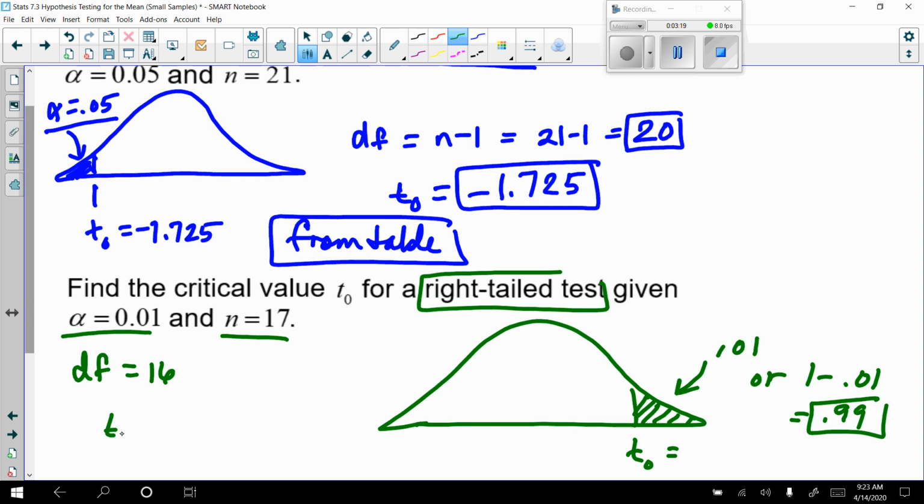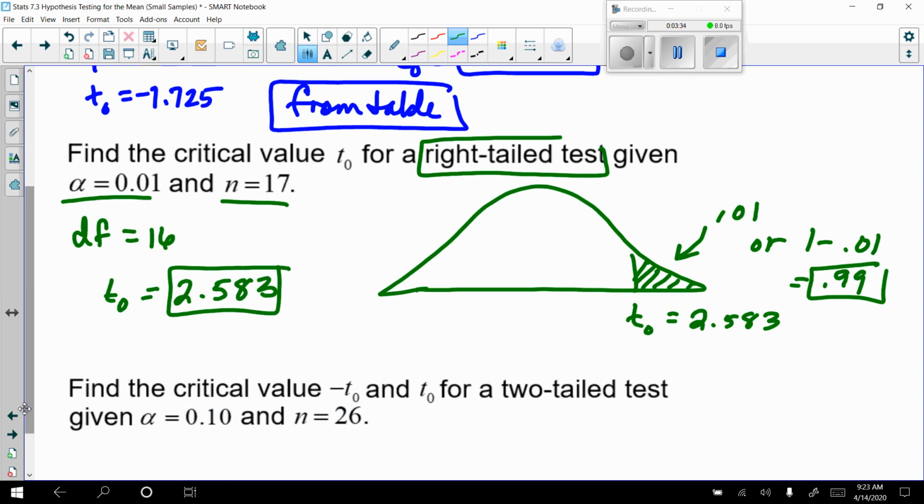Which gives us a t naught value of 2.583, which would be the number we would use to either decide to reject or not reject.